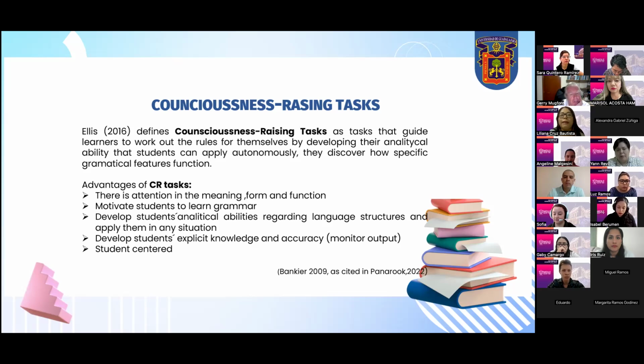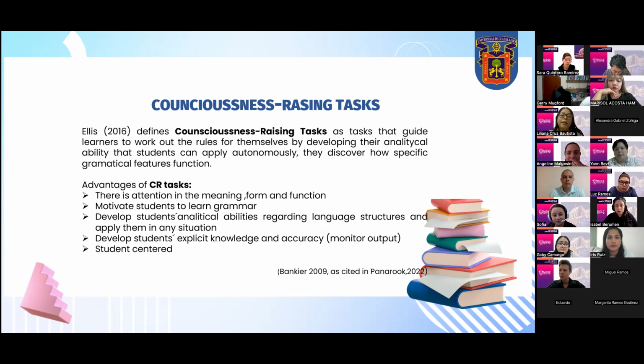So whenever they have to work with grammar structures, they recall that analysis, and they can put into practice the noticing, understanding and monitoring abilities, so they can use the language more accurately.